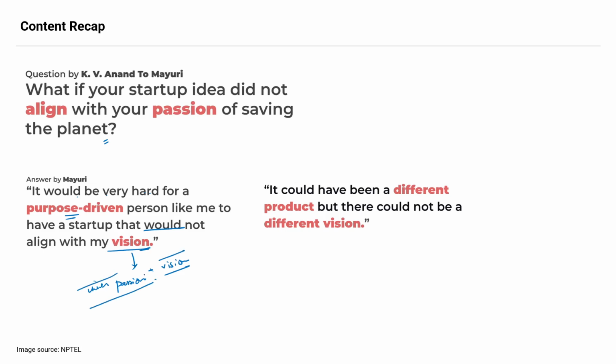Why are you motivated to work in that particular area? What is that motivation which is pushing you to have your own startup? So it's very important to identify those things, because the moment you have that inner passion, your inner desire, you get a streamlined goal, and then you can work towards it. It could have been a different product, but there could be a different vision, right?